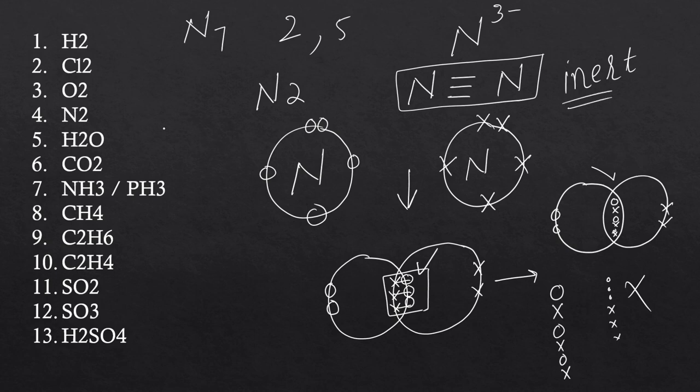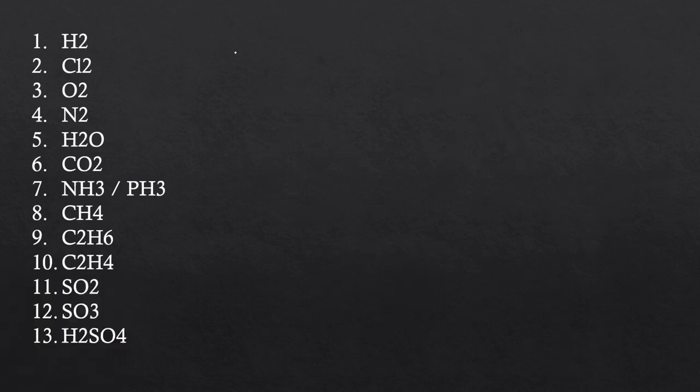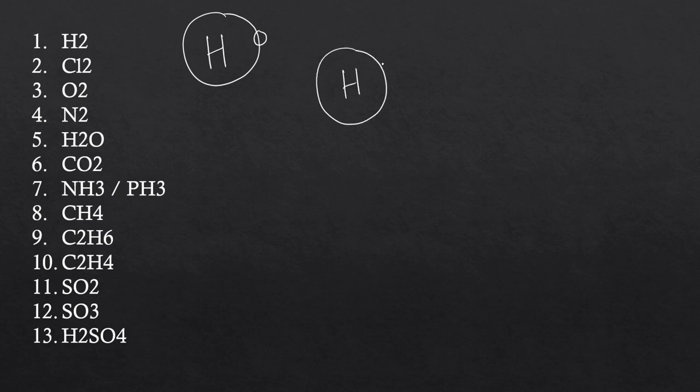So the next example is the water molecule. How to draw the structure of water. You know, each water molecule is made of two hydrogen atoms. Here one hydrogen, it has one electron. Here we have another hydrogen, also carrying one electron.